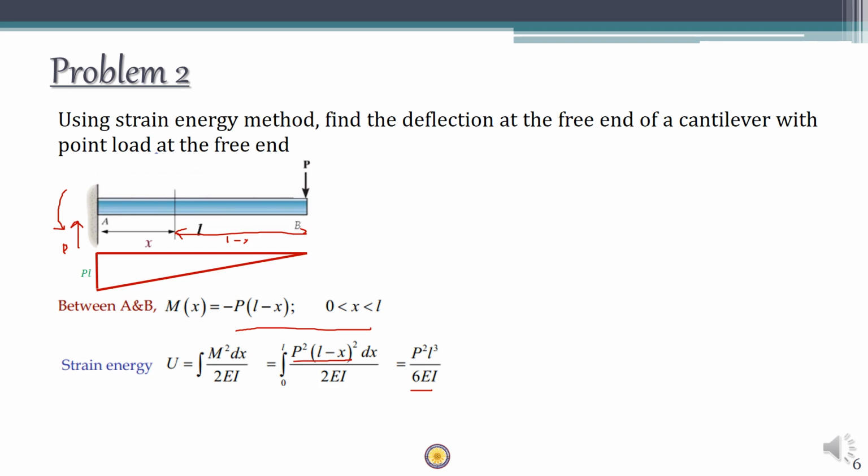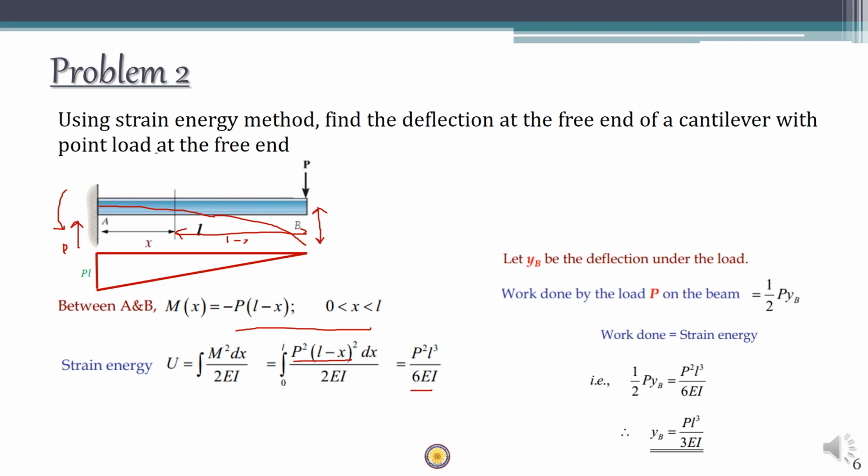Okay, we also know that the deflection of this particular cantilever beam will be something like this, right? So we have a tip deflection of, let's say, YB. Okay, so the total energy stored in the beam is strain energy, which is equal to P square L cube by 6EI.